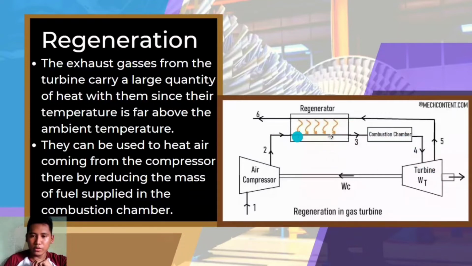So ubos-ubos man niya temperature ani nga part kumpara sa atong exhaust gas. So ato siyang ang heat gikan sa atong exhaust gas is atong i-transfer ani nga part para itong ato sa combustion chamber. So mao to ang regeneration.